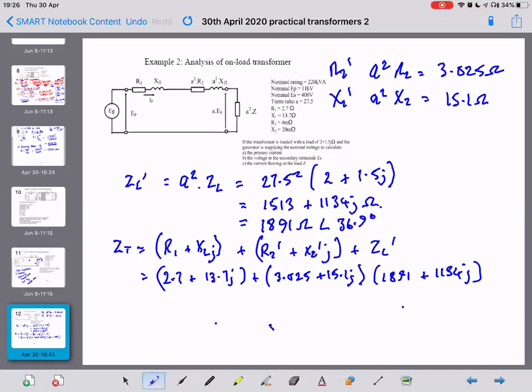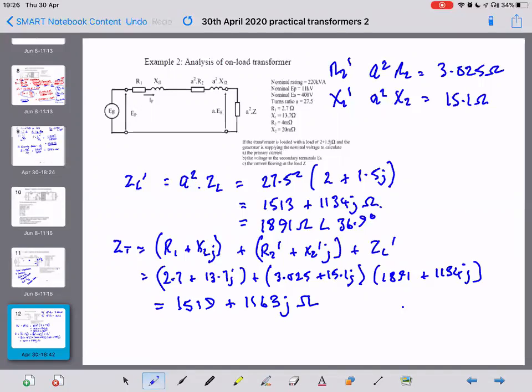And we add up all the resistive parts separately and all the reactive parts separately. You should have 1519 plus 1163J.